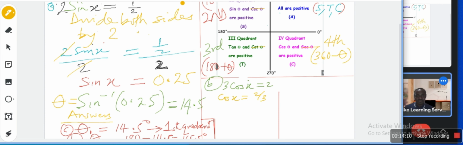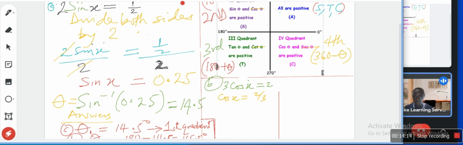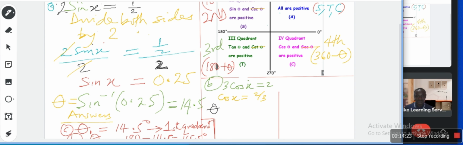So to get theta, let's just be following these steps. Let's get this theta. So theta will be what? Theta will be cos inverse of 2/3.